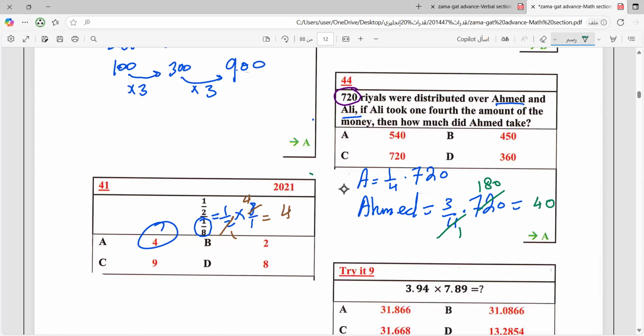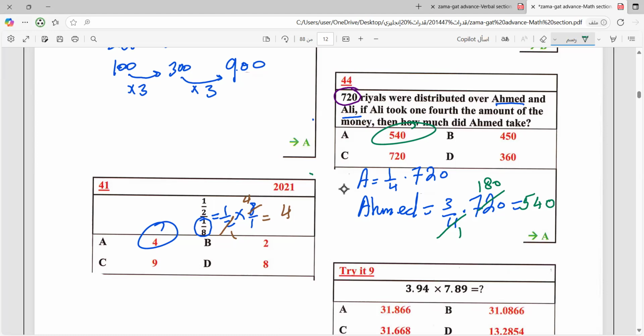So 3 times 1 and with 2 is 5. So 540. So the answer is what? A. Is that clear, my student?